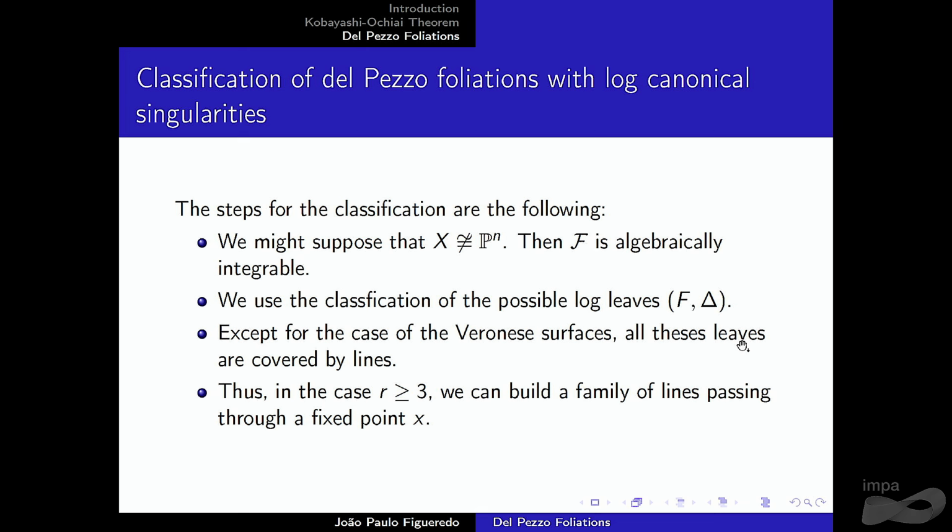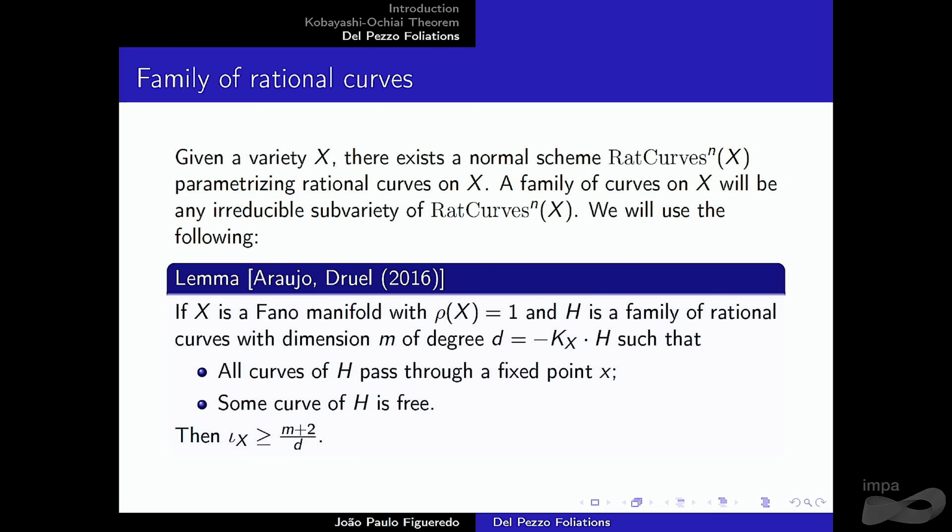The case of the log leaf being a Veronese surface, but in all the other cases, we can find lines, so degree 1 rational curves. And we can also use the fact that the leaves meet at one point. So we find families of lines meeting at one point, and we can use this lemma to bound the index of the Fano manifold.